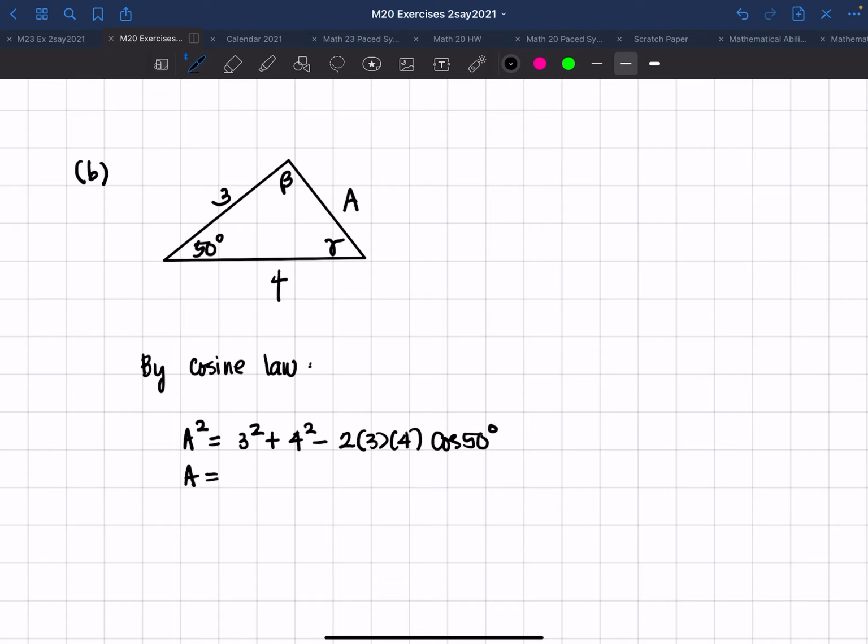So, A square is equal to 9 plus 16, 25 minus 24 cosine 50 degrees. Or A is equal to the square root of 25 minus 24 cosine 50 degrees. So, yan yung A.